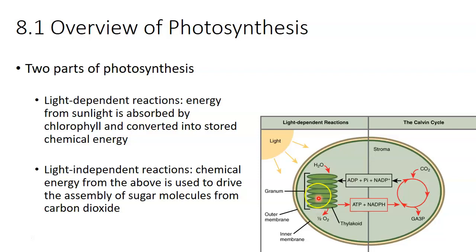This process will also require water. So we've got light and water, and oxygen will be a byproduct. But more importantly, the other products from this first step, the light dependent reactions, are going to be ATP and NADPH. NADPH is NADH and FADH2's cousin.